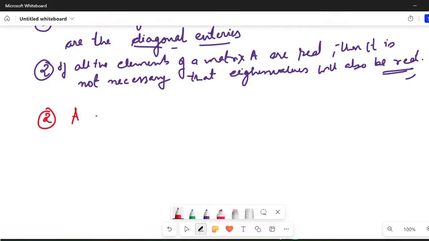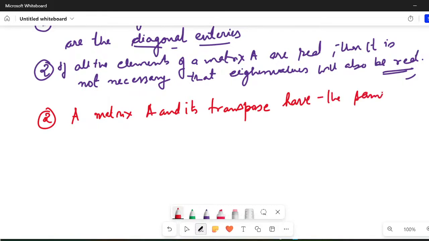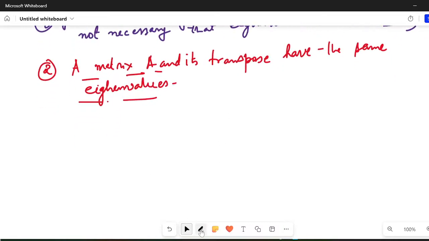So just note it down: a matrix A and its transpose have the same eigenvalues. It's fairly simple to see that.